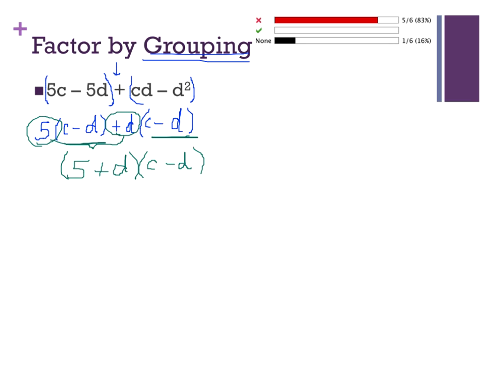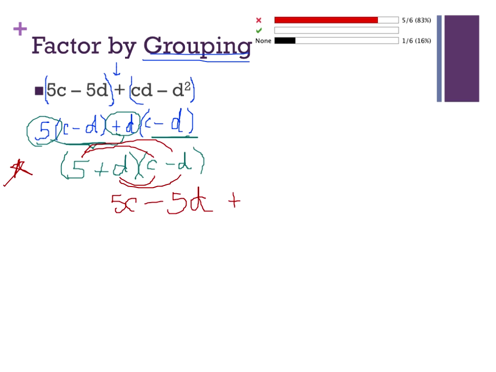Now, why does this work? It's always important. We might just say, okay, we know we can do this, but why? Why does this work? Well, when we're at this step, we know to check it that we could FOIL or multiply. So let's look at that. If I multiply, I have 5c minus 5d.